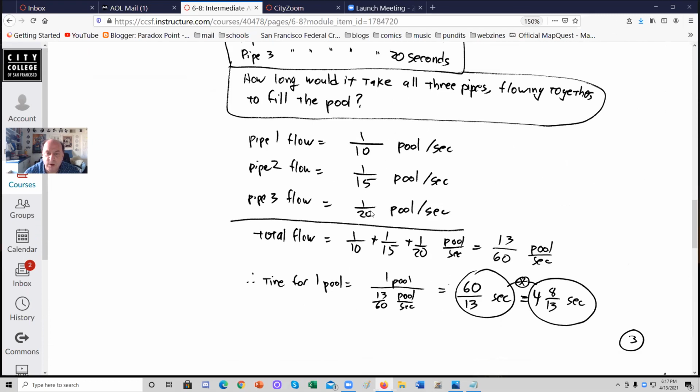Pipe 3 has a rate of 1/20 of a pool per second. So assuming that they add together, which makes sense, then the total flow is 1/10 plus 1/15 plus 1/20 of a pool per second, which after a bit of arithmetic is 13/60 of a pool per second. And that's the rate. Then the time is quantity over rate. So 1 pool divided by 13/60 of a pool per second. Therefore, 60/13 seconds, or 4 8/13 of a second.